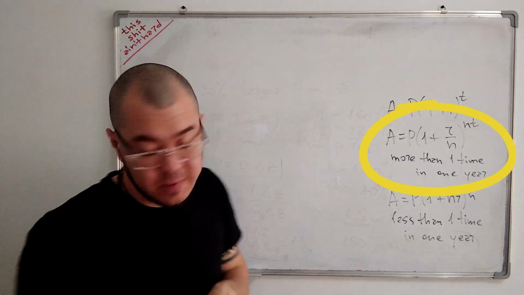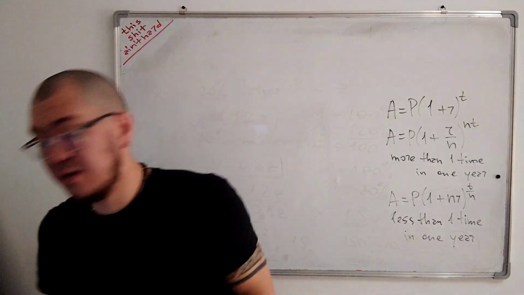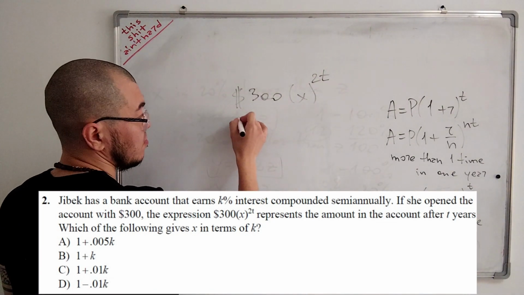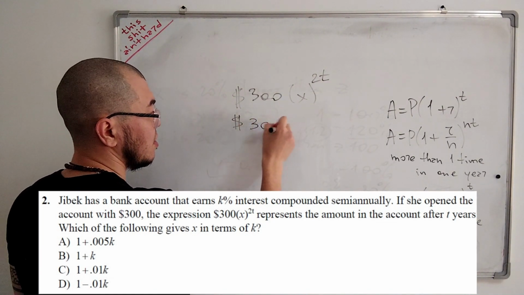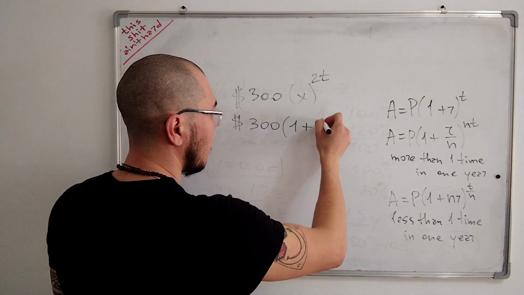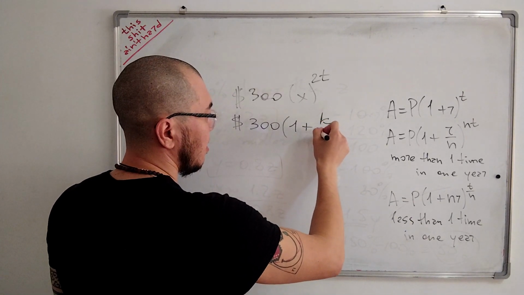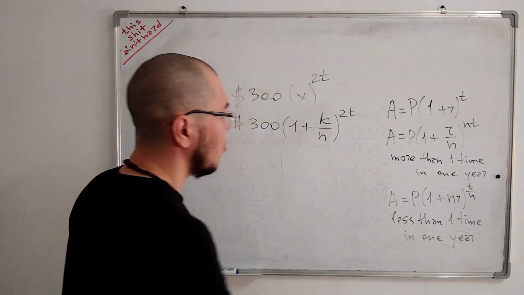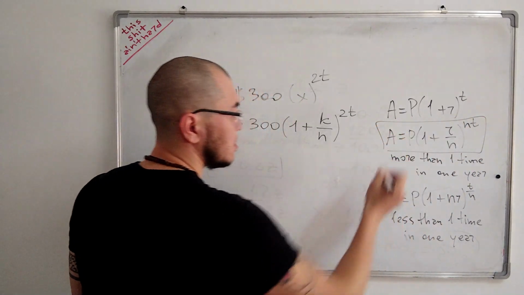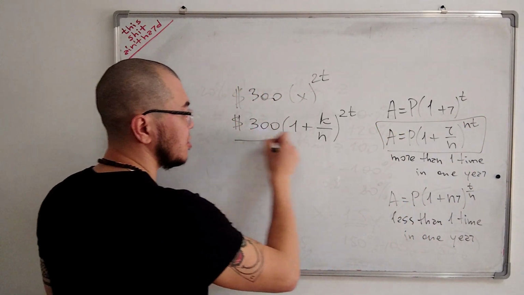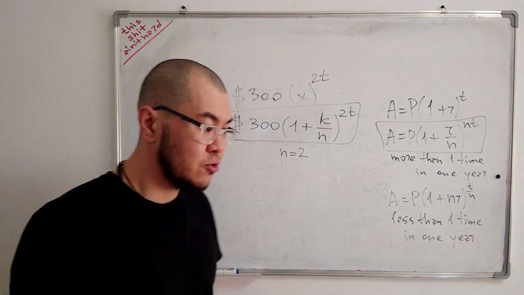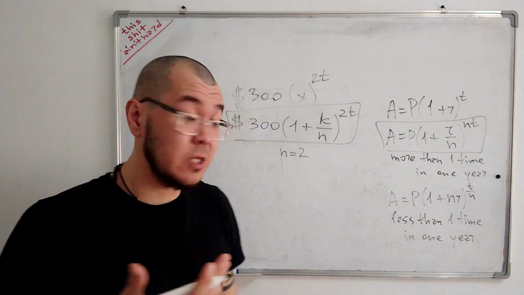Okay, in our problem, what do we have? We have this expression. It transforms to 300 times (1 plus k over n) to the power of nt. Looking at this expression and that expression, we can say that n equals 2 due to the key word semi-annually.